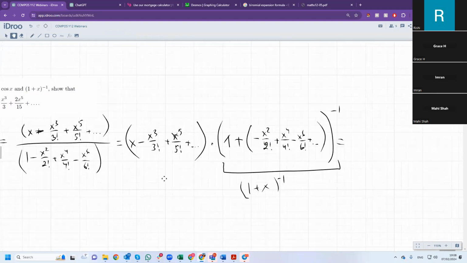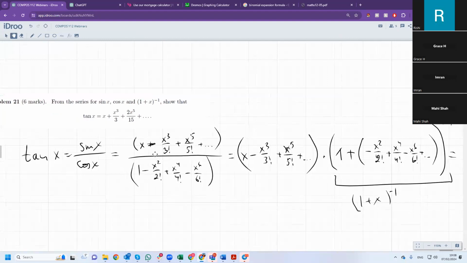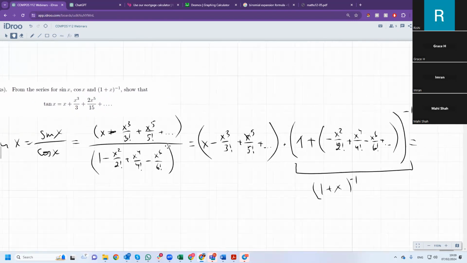Usually 2 or 3 terms is good enough for an approximation. Well, I think they're asking for 5 powers. So you need the first, well, you don't need 6, certainly.